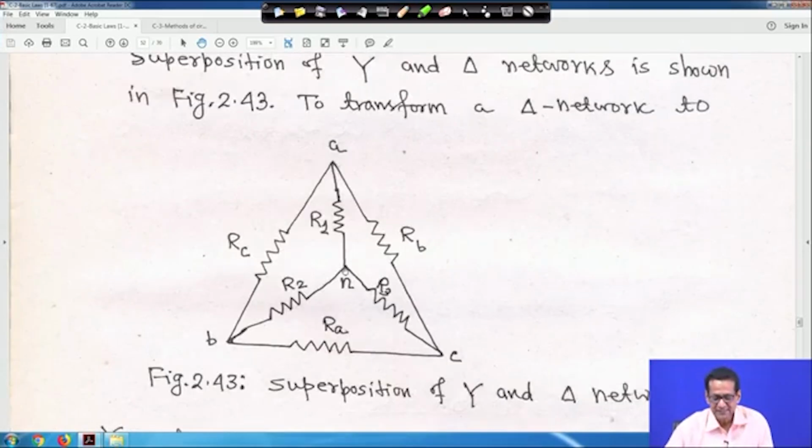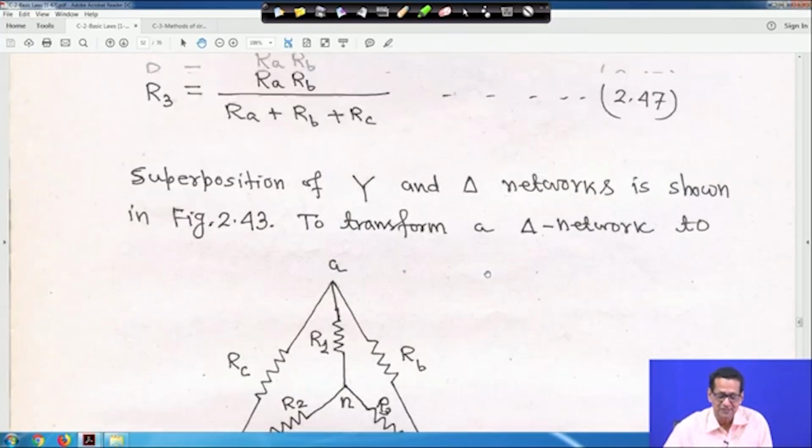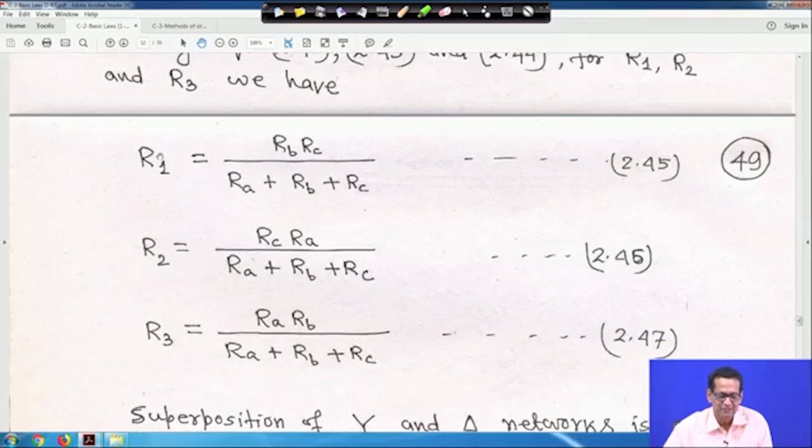One additional node, neutral N, is created here, which we will see later for AC circuit analysis, not here. This is the delta to star transformation.